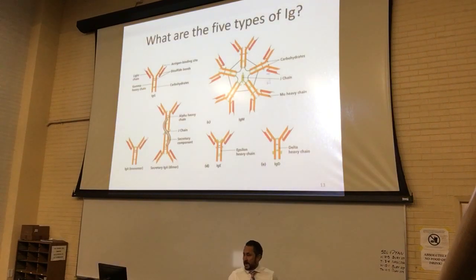Okay, so the different formats, and we've looked at this a couple of times. I flashed forward on Monday to this. The monomer is our classic antibody figure. So anytime you're reading in a text or you see pictures of an antibody, they never draw the pentamer. They always draw the monomer. You never even really see the dimer.